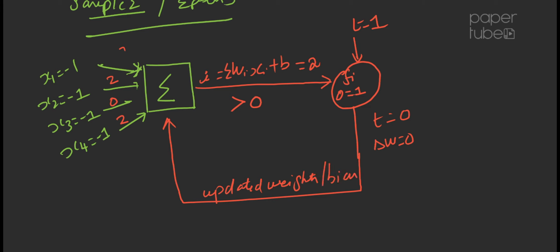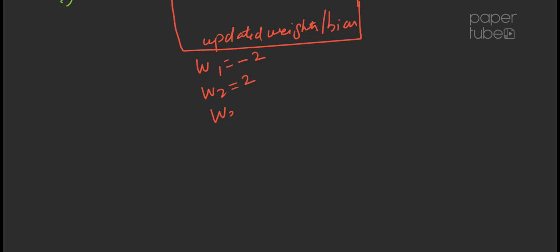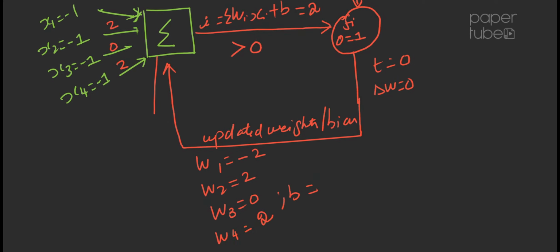So W1 will be equal to -2, W2 will be equal to +2, W3 will be equal to 0, W4 will be equal to 2, and obviously the bias will remain the same. I forgot to add bias here. Bias is equal to 0, and your bias will be equal to 0.